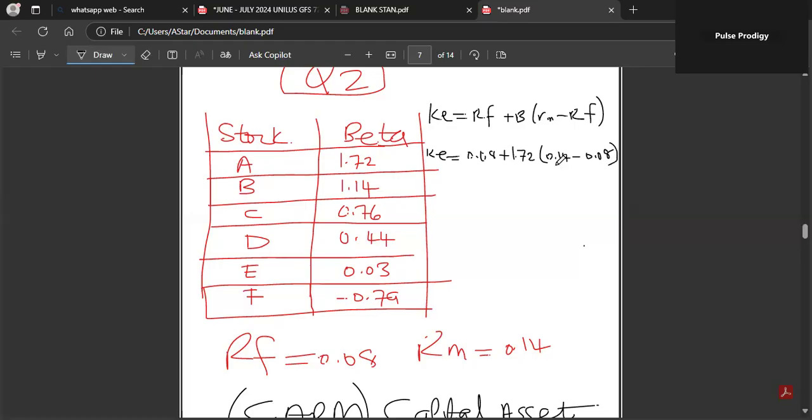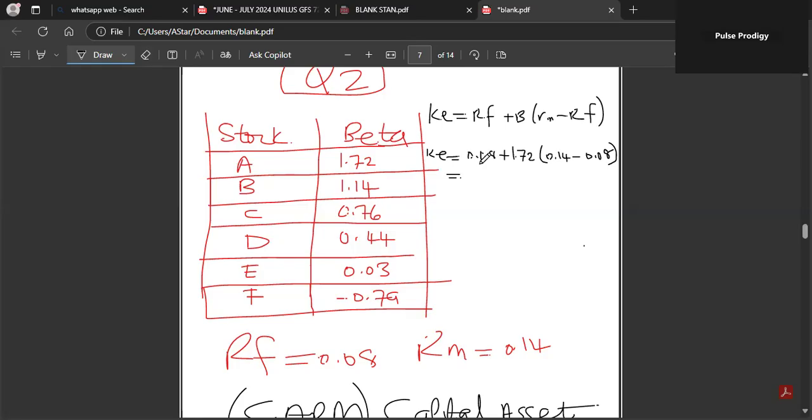So the answer we are getting will be what? We subtract what is in brackets there, 0.14 minus 0.08, times 1.72, then plus the 0.08.